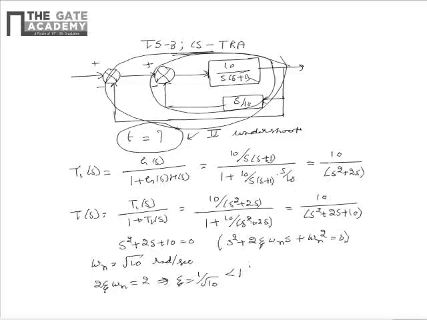As eta is less than 1, we can say that in the unit step response of the control system, there will be undershoots and overshoots.